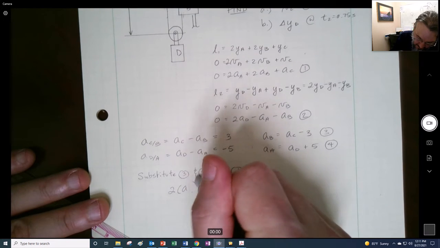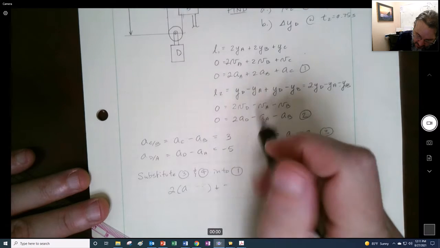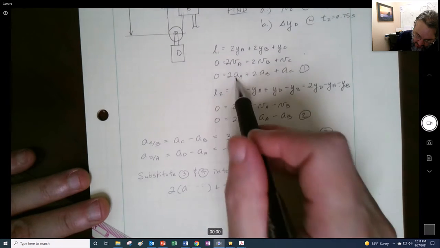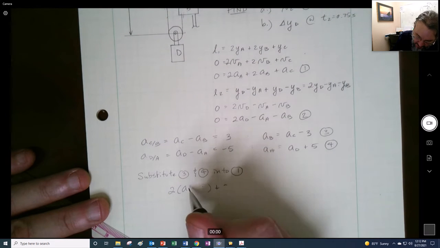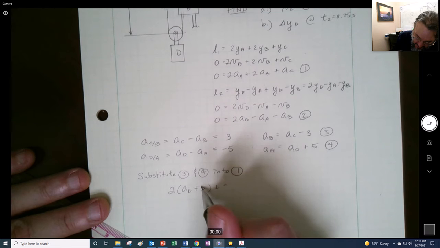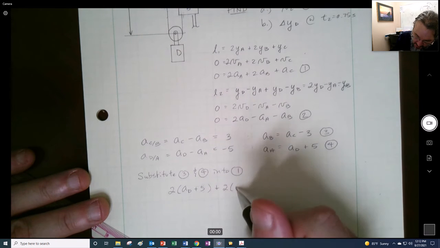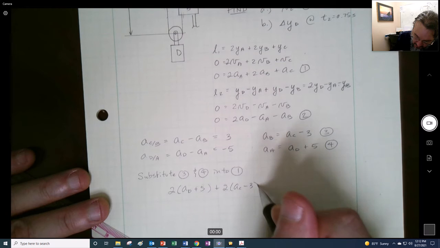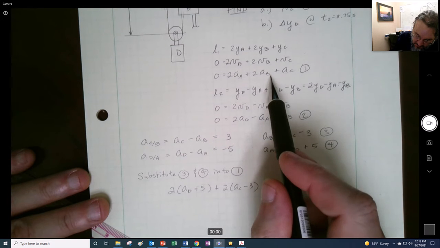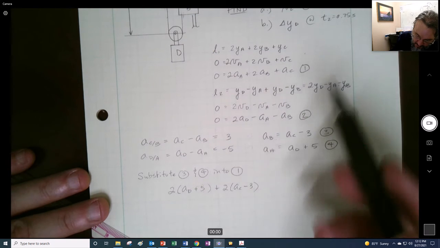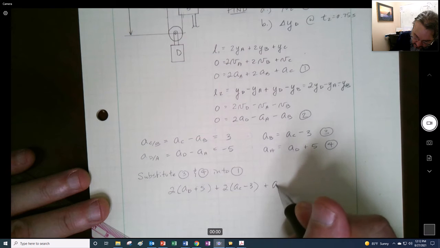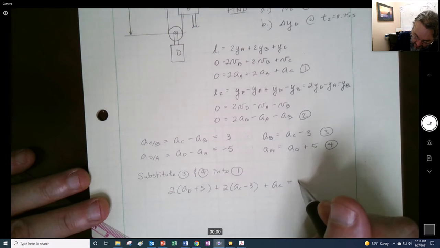It doesn't matter, but I should do this correctly. All right, it's this guy that we're substituting here. So that's 4 into there, AD plus 5. And then 2 times AC minus 3. All right, and then plus AC equals 0.